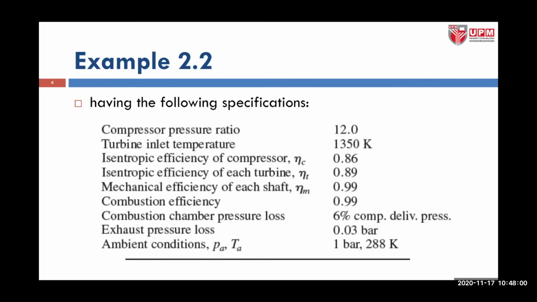Mechanical efficiency of each shaft is 0.99. Combustion efficiency is given as 0.99. Combustion chamber pressure loss is 6% of compressor delivery pressure. Exhaust pressure loss is 0.03, and the ambient pressure and temperature are 1 bar and 288 Kelvin.